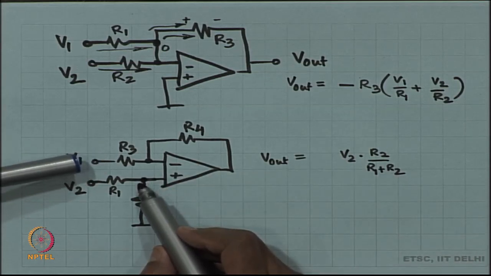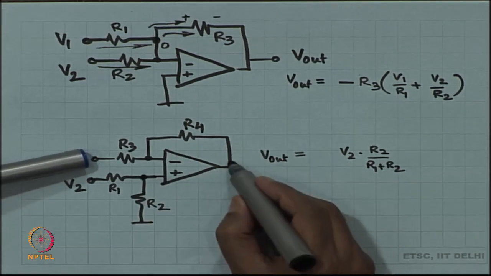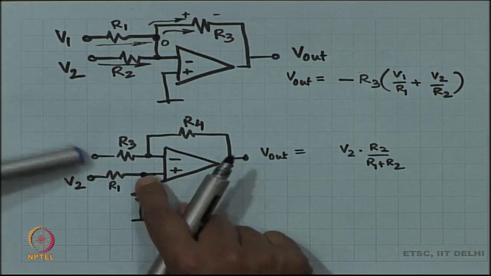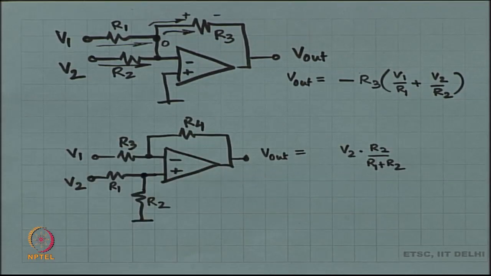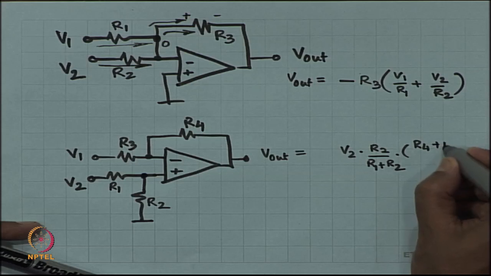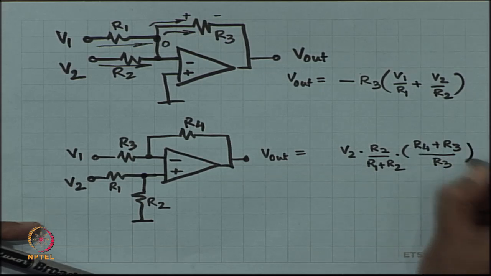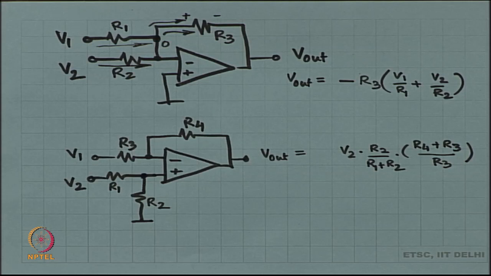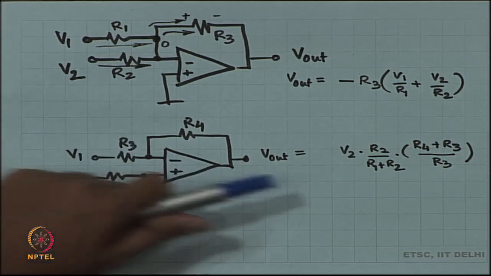So, you get the non-inverting amplifier configuration, and therefore, the voltage at the output Vout is the voltage at the plus terminal times 1 plus R4 by R3. Okay. So, this is the gain from V2 to the output, and likewise there is a gain going from V1 to the output.